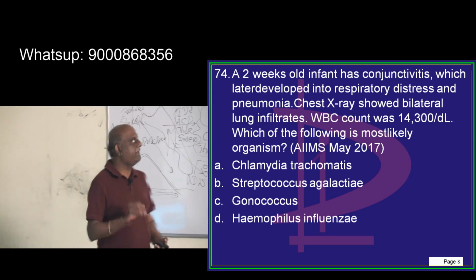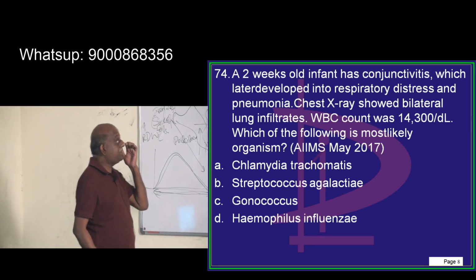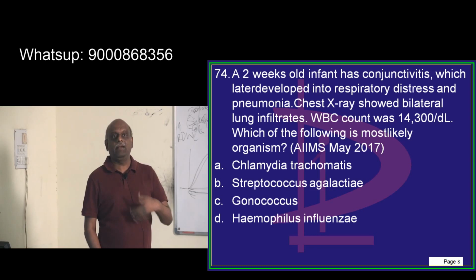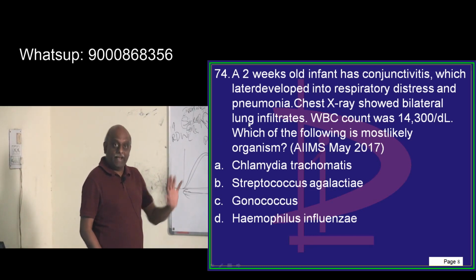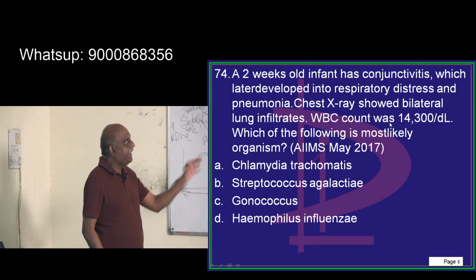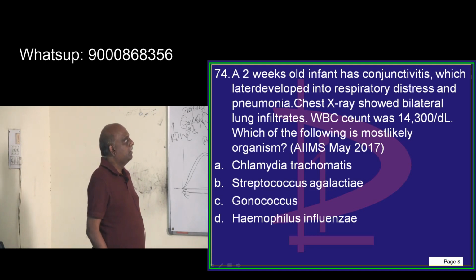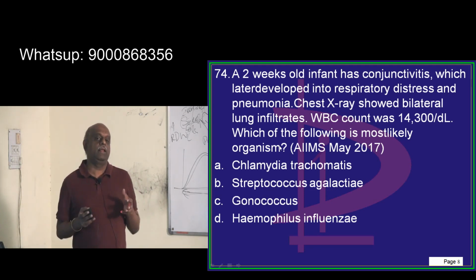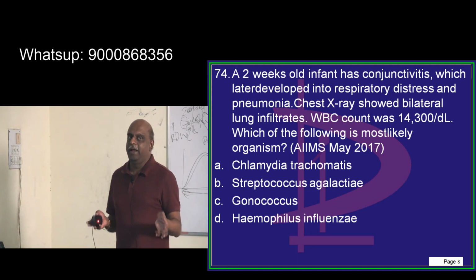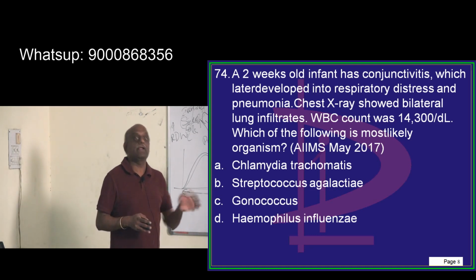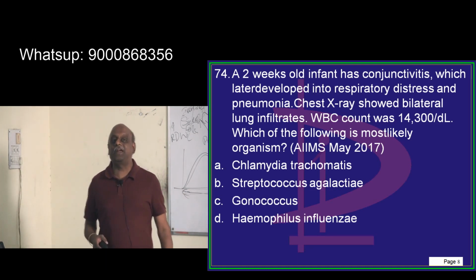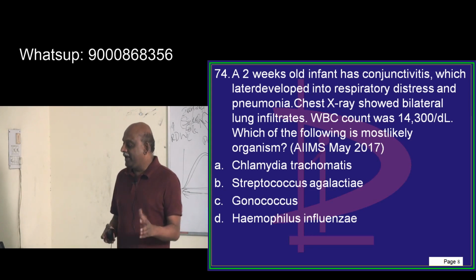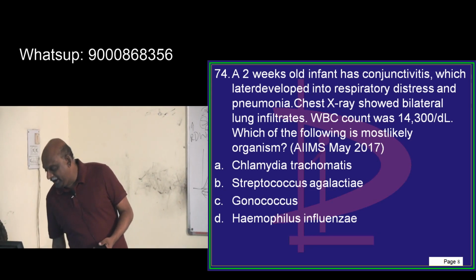A 2-week-old infant has conjunctivitis, which later develops respiratory distress, bilateral lung infiltrates, and increased WBC count. What could be an organism that can lead to neonatal pneumonia and, at the same time, neonatal conjunctivitis is what the examiner is trying to ask you. A quick clinical vignette, which you should be very sure about.